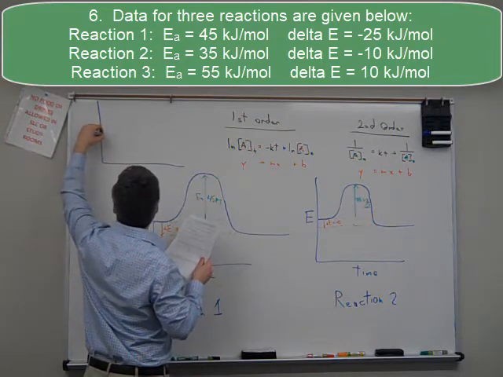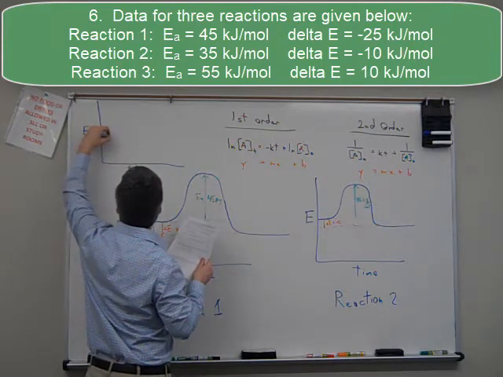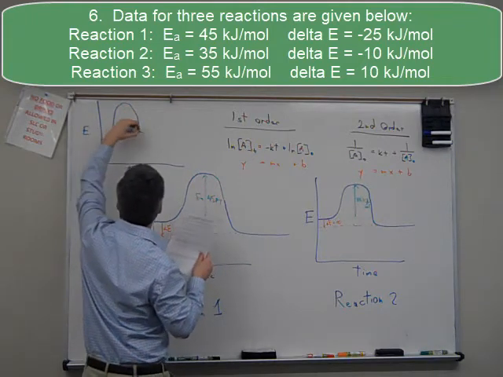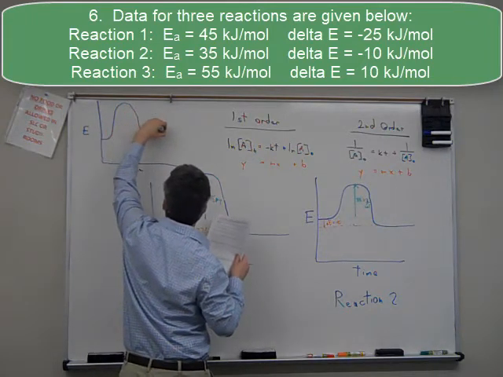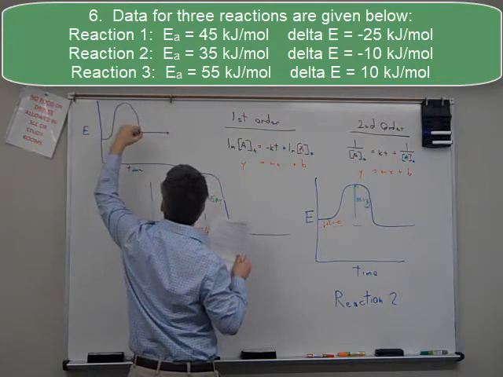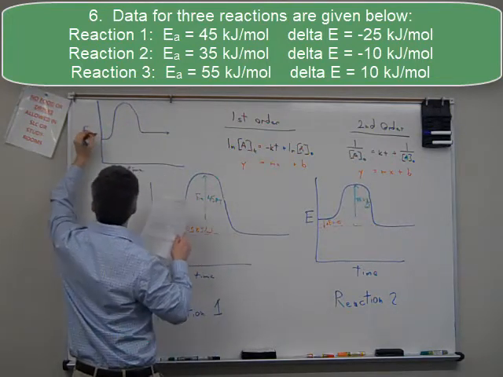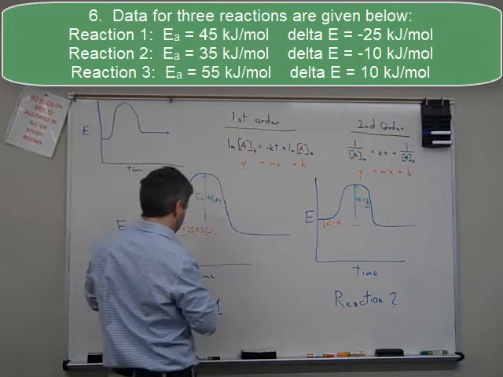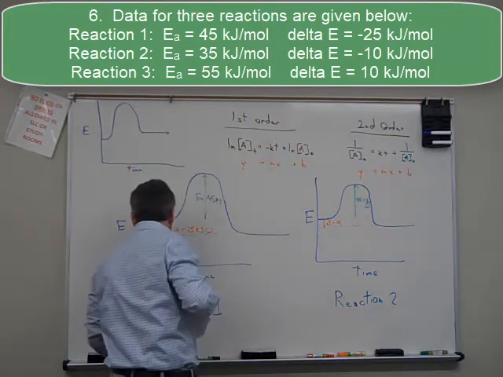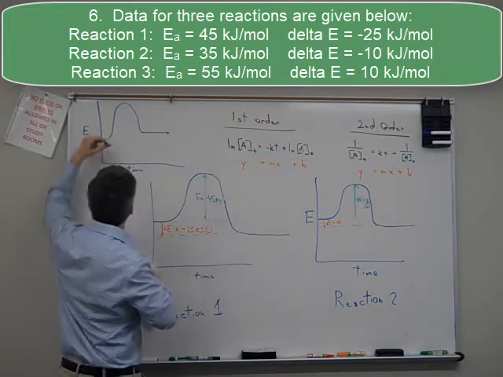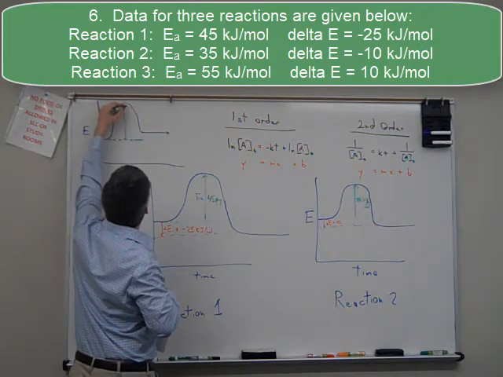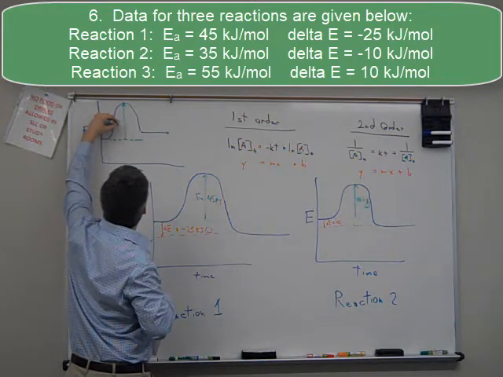So EA goes up, whoa! But then it's positive 10 delta E. So, the interesting thing here is that the activation energy for this is a staggering 55 kilojoules per mole.